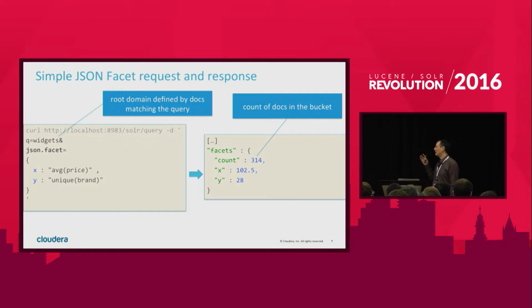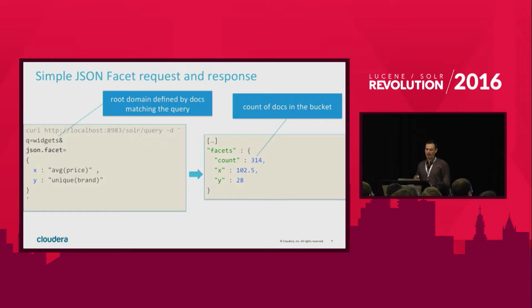This is normally what you'd think of as statistics, if you know about the statistics module, or the statistics component as it's called, because we're not really breaking it up into categories or anything yet. We're just taking all of the documents that match the query and then calculating some statistics for that.